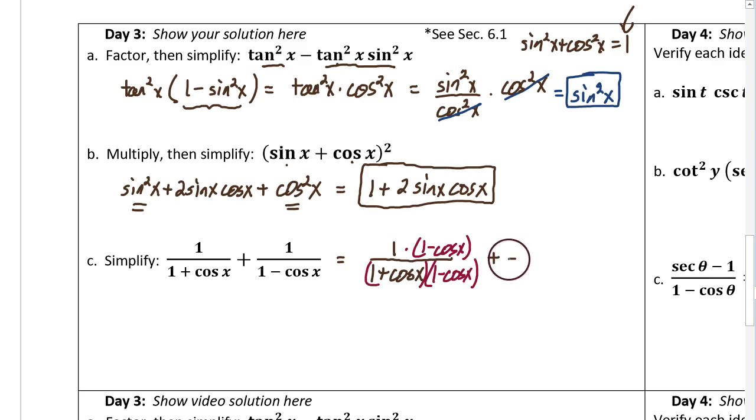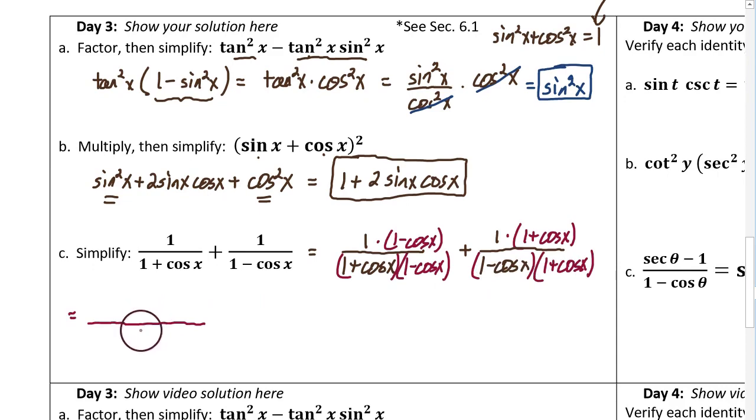Now plus, and let's work on the second term. It was 1 over 1 minus cosine x. But when creating the common denominator, we need to multiply top and bottom by 1 plus cosine x. In this way, both of the terms being added will have common denominators.